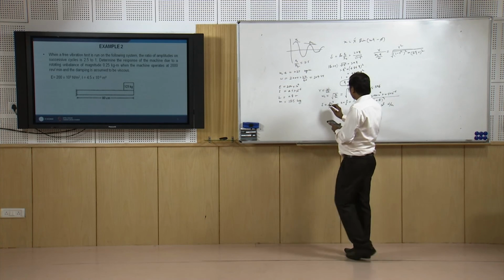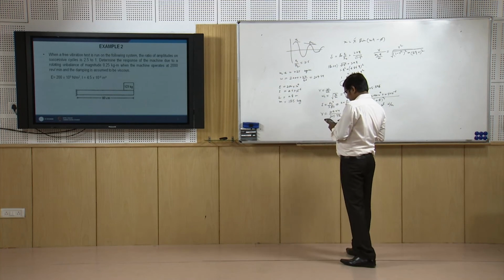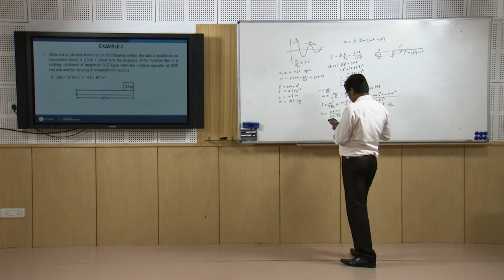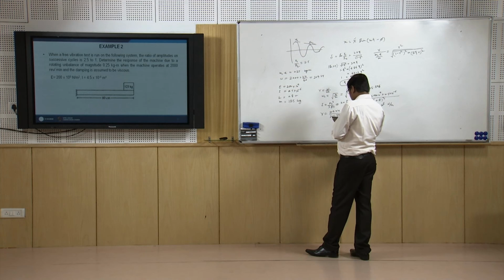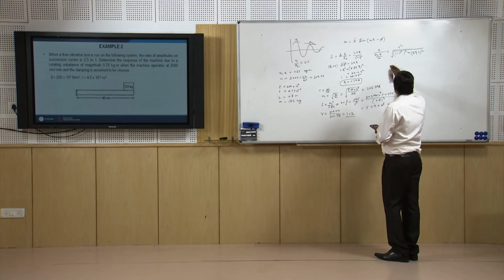So we can get r. We have r equal to omega by omega n. So 209.44 upon 205.396, so it is 1.02. So r is 1.02. Now we have all the things.